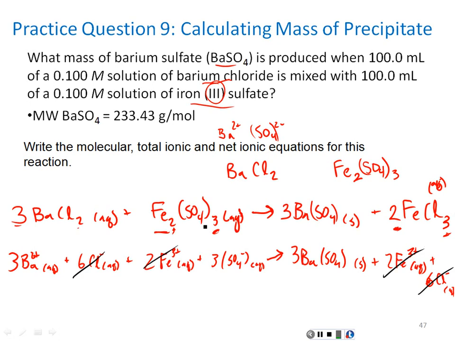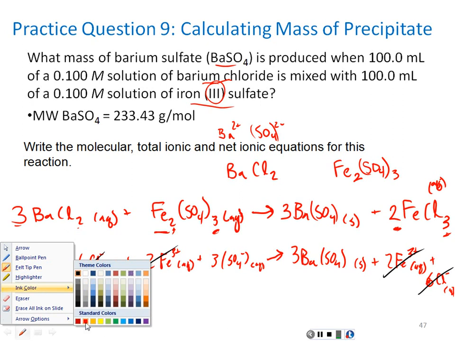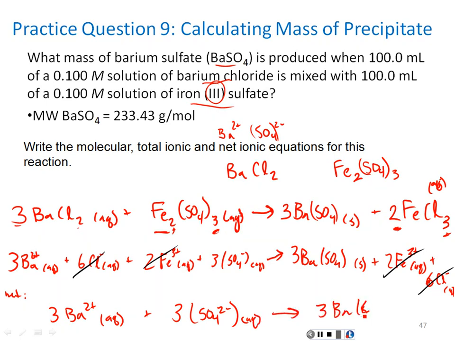So we take those out, and we can write our net ionic equation as 3 Ba2+ aqueous plus 3 SO4 2- aqueous goes to 3 BaSO4 solid.